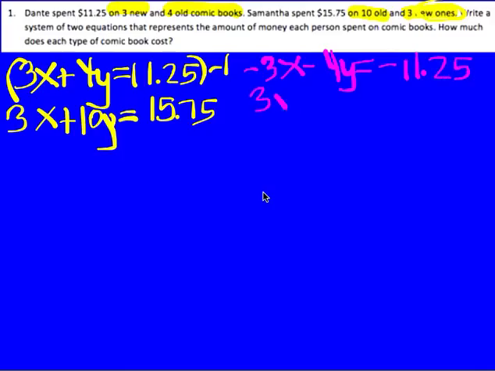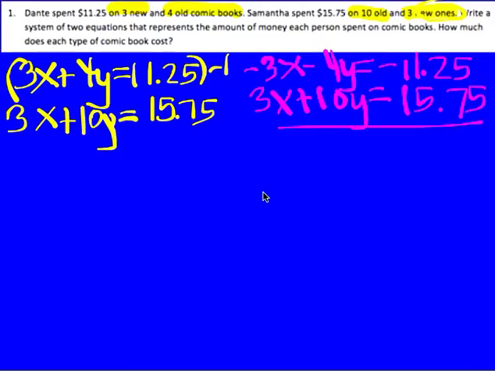The second equation we keep the same. Then we add down the columns. Negative 3x plus 3x cancels out, which is what we designed. Negative 4y plus 10y gives us 6y. And negative 11.25 plus 15.75 gives us 4.5.